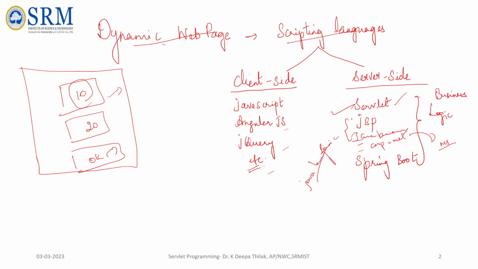Since Java is ruling the world, many web applications use these servlet concepts. As an extension of servlets comes Struts, then Spring, and from Spring, Spring Boot. Currently many developers are using Spring Boot for implementing dynamic web pages on the server side.